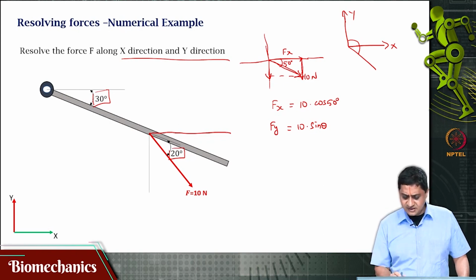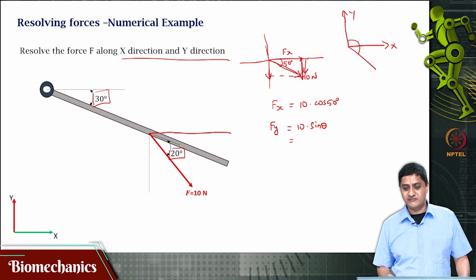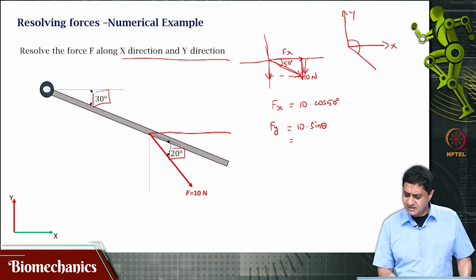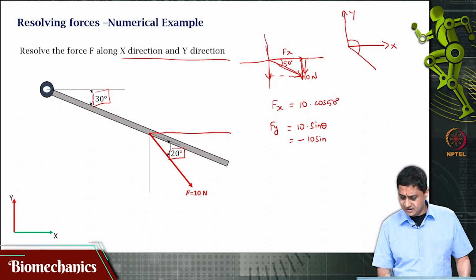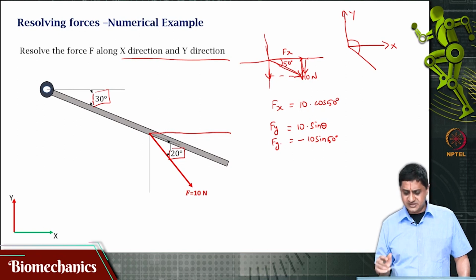The other way of saying that is simply that it is 10 sin theta in the negative y direction, because this is the direction that I am finding with this. If you use some intuition, this is not too difficult, because that is in the negative y direction, that is minus 10 sin theta. Again, I am not solving the numerics. I request you to please check the numerical answers for this problem.